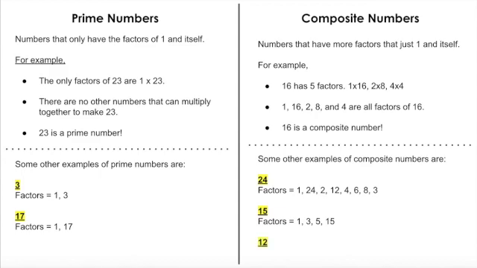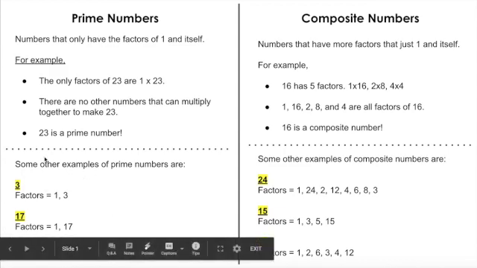And 12 is another composite number because its factors are 1, 2, 6, 3, 4, and 12. So these numbers all have multiple factors. They have different numbers that can multiply together to make that number. So they're composite. So if you look at this screen, you can see the difference. If you even just look at the examples, you can see the difference here.